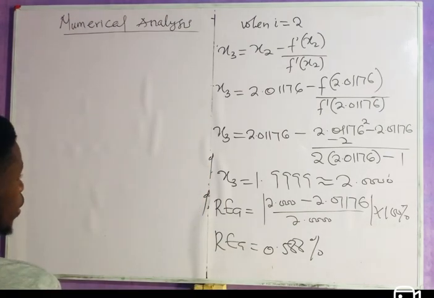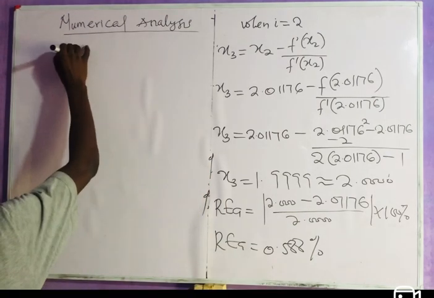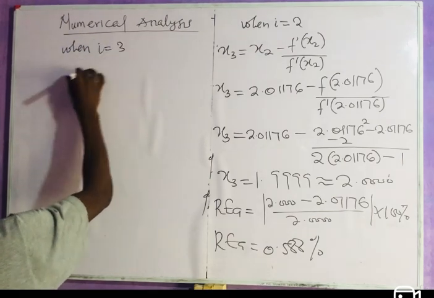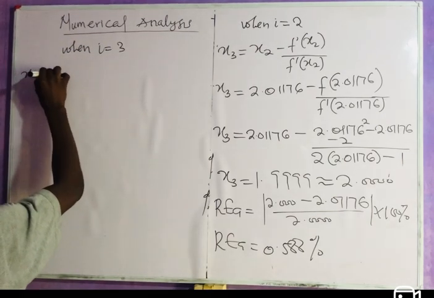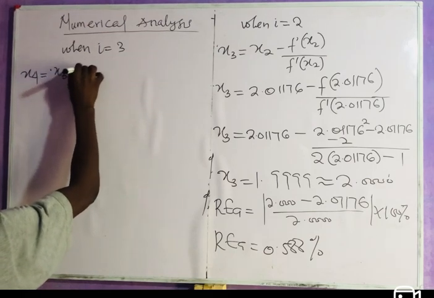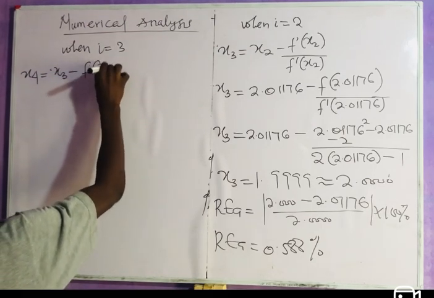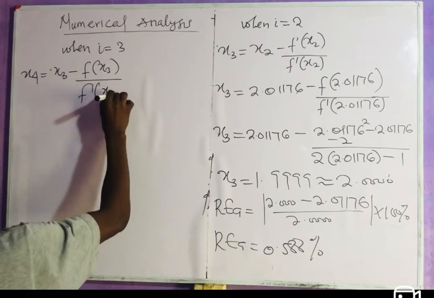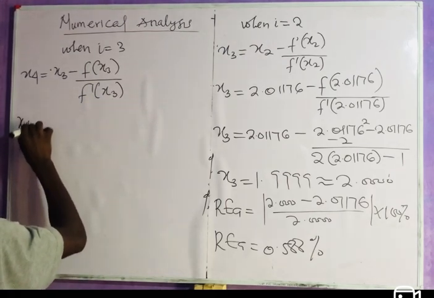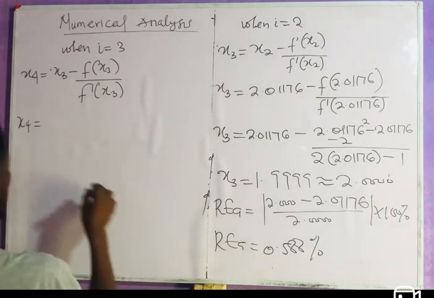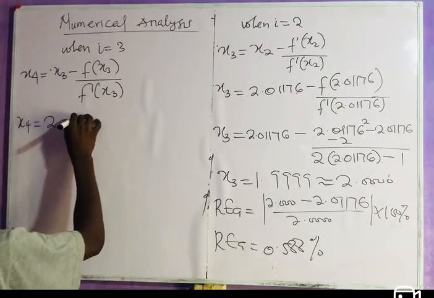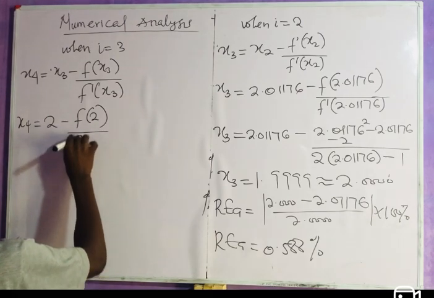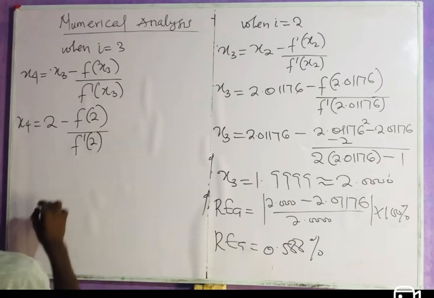So your next iteration is going to be when i equals 3, we have x4 equals x3 minus f of x3 all divided by f prime of x3. So x4 equals, our x3 was 2, minus f of 2 divided by f prime of 2.